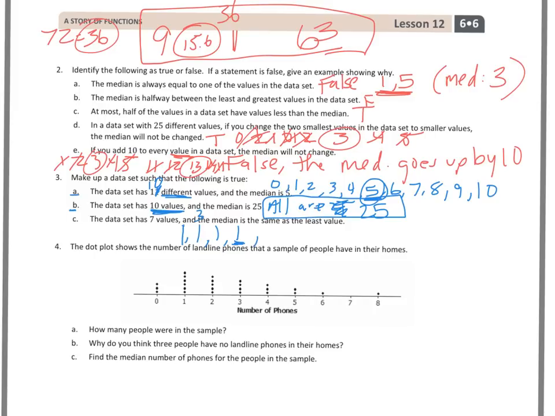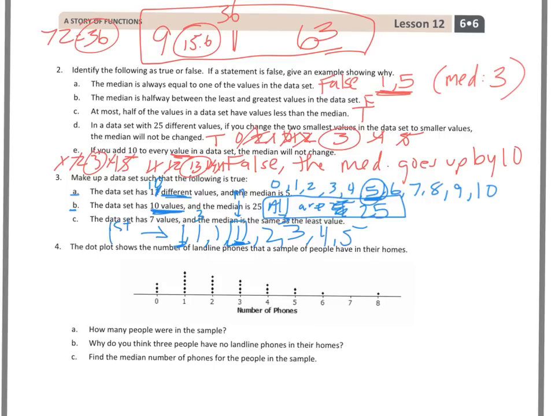So 3 here, and then another 3 over here, and this is going to be my median. I can put whatever I want over here, but I know that my median is the same as my lowest value. So this first number has to be the same as the fourth number.